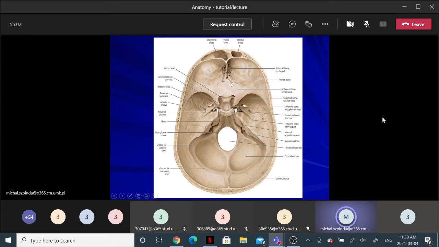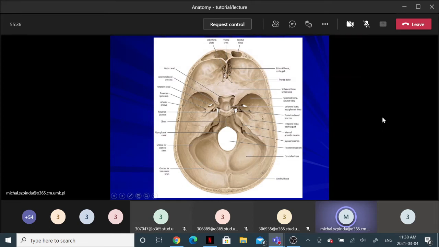But sometimes we can see the posterior ethmoidal foramen as well, directed to the anterior cranial fossa. So here, the anterior ethmoidal foramen is always present, and the posterior ethmoidal foramen is usually covered with the sphenoidal plane.